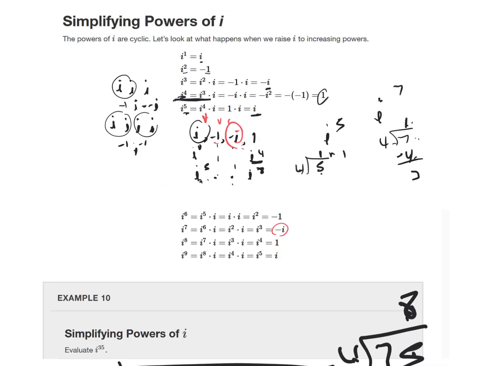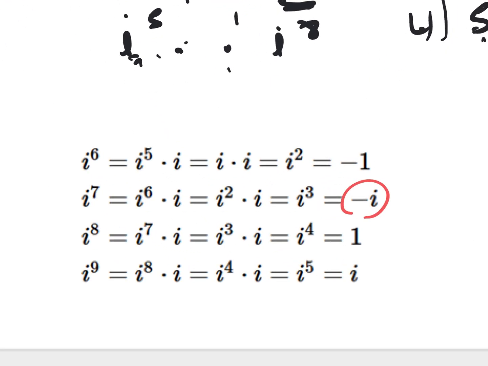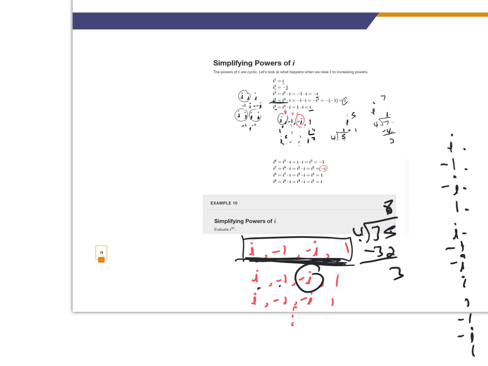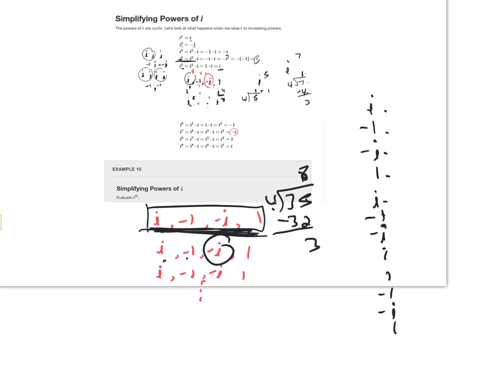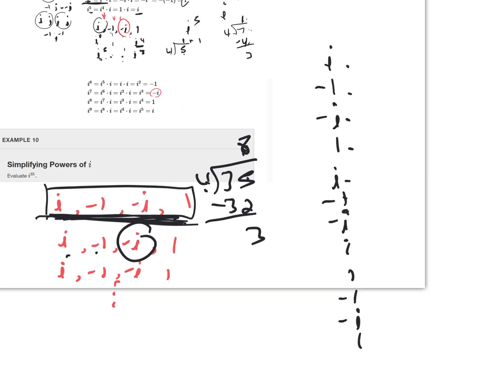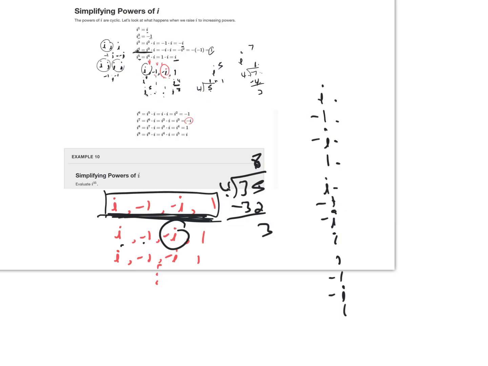You've got a long way to go if you want to do it that way. Or look at the pattern. You could do all the algebra and factor out all the i's and i squares. You can do that. Let's check it to see if I'm right. I could even be wrong. I think the answer is a negative i based on dividing by 4 and looking for the remainder. I hope it is, because that takes me to the end.